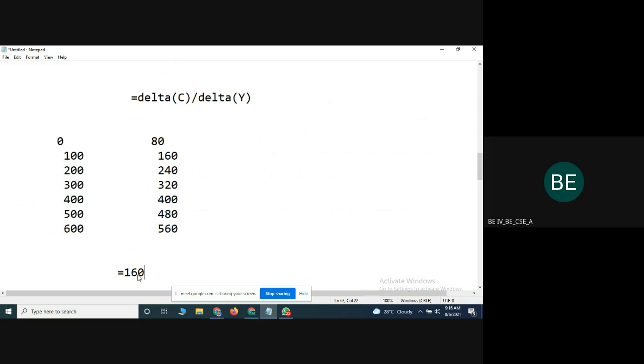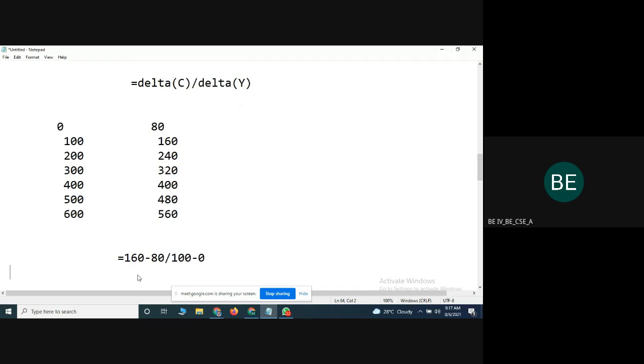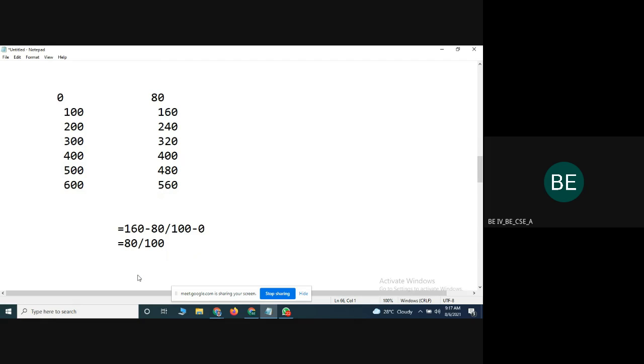The current consumption is 160 rupees and the previous consumption is 80. Divided by change in income: the current income is 100 and the previous income is 0. So 80 divided by 100, the value is 0.8. This is called the marginal propensity to consume.